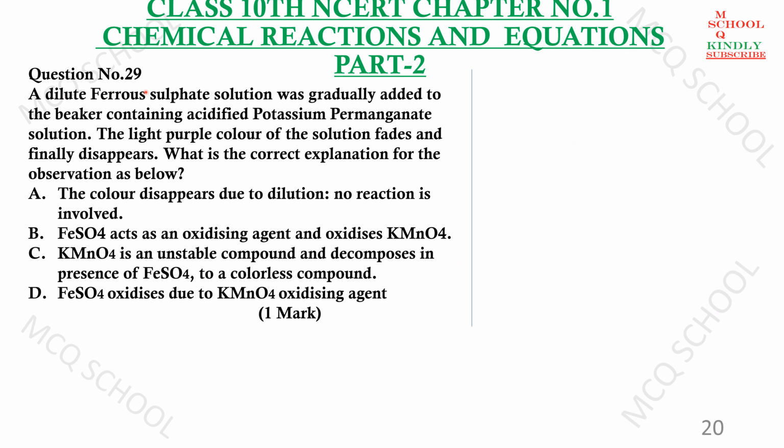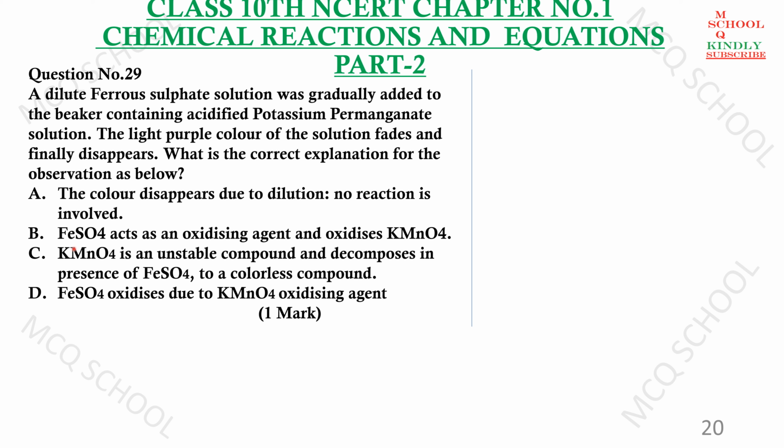Let us take question number 29. A dilute ferrous sulfate solution was gradually added to the beaker containing acidified potassium permanganate solution. The light purple color of the solution fades and finally disappears. What is the correct explanation for the observation as below? A. The color disappears due to dilution. No reaction is involved.